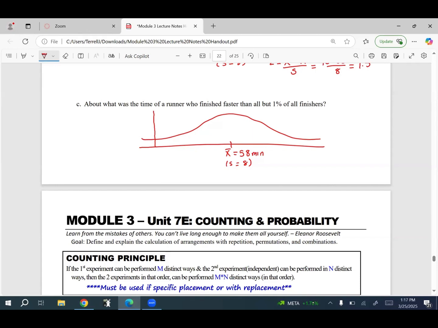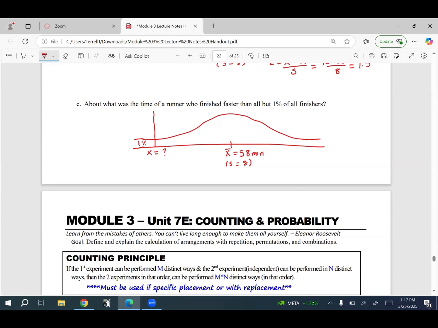And I only want 1% of people to finish ahead of me. So what I'm trying to figure out is this. What time am I at where only 1% of people finish before me?